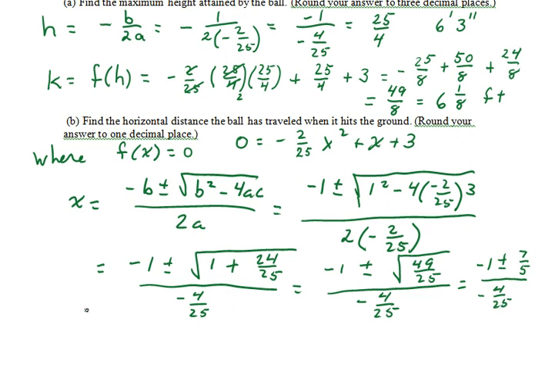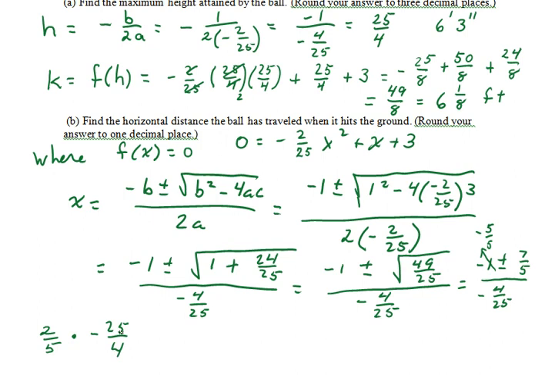So we have two different solutions, remembering that the -1 is the same as -5/5. We get 2/5 divided by -4/25 is times -25/4.